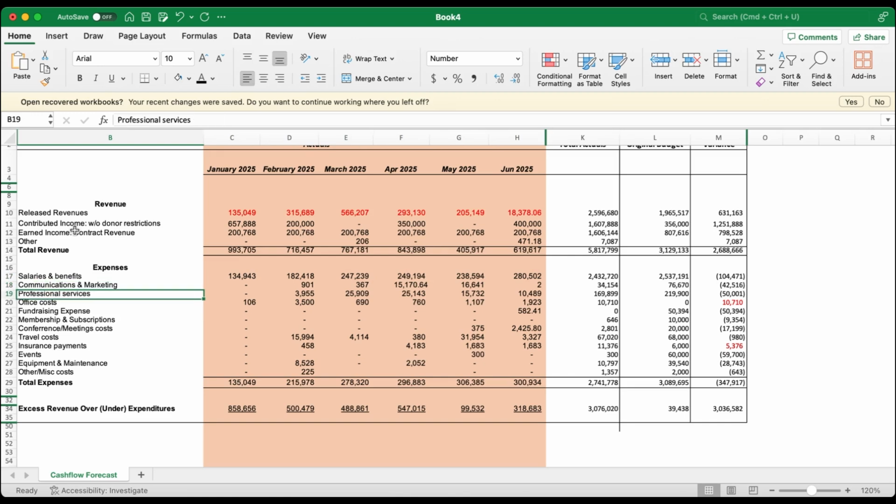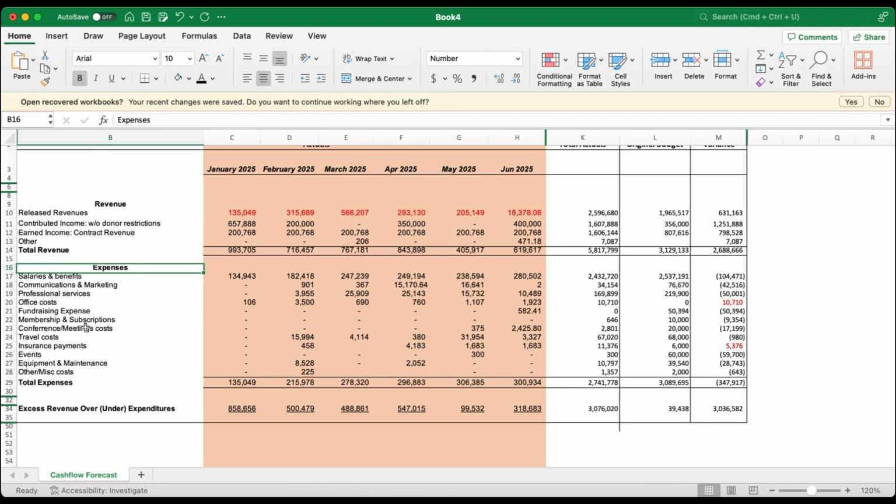Now, this can be a mix of variable and fixed expenses. Of course, you have to think about what your organization is paying out because this consists of maybe the lawyer on retainer, the accountant on retainer, but then maybe a marketing consultant that you brought on only for 1 month out of the year, but it was just a one-time expense. So thinking through that. And then you have your office costs, fundraising. And again, these are expense categories that are important and specific to this organization. You need to do the same for yours.